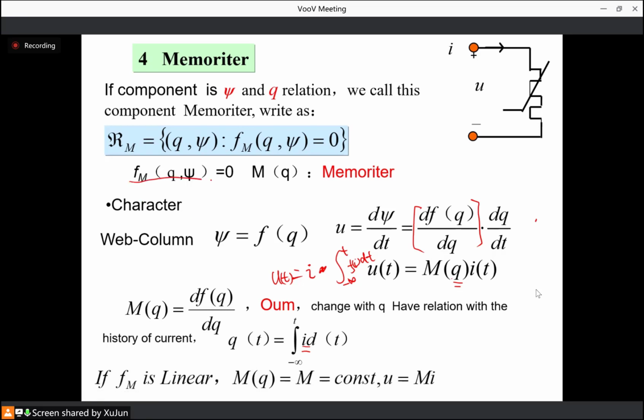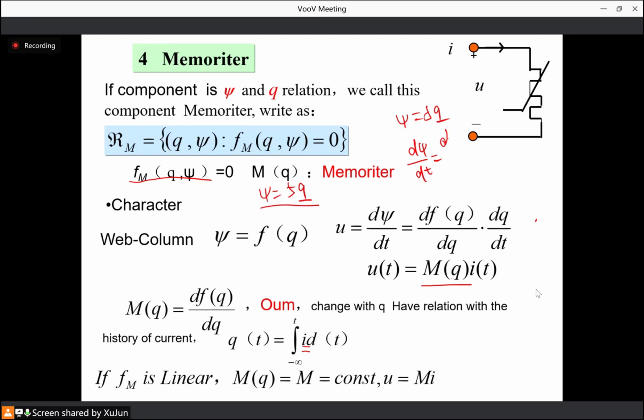If this function is linear, for example psi equals 5q, then d psi/dt equals d(5q)/dq multiplied by dq/dt.